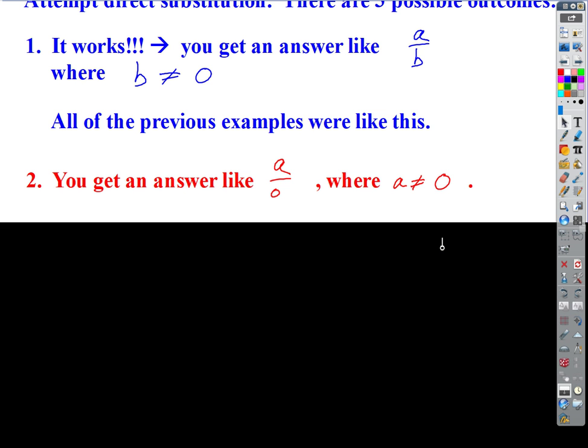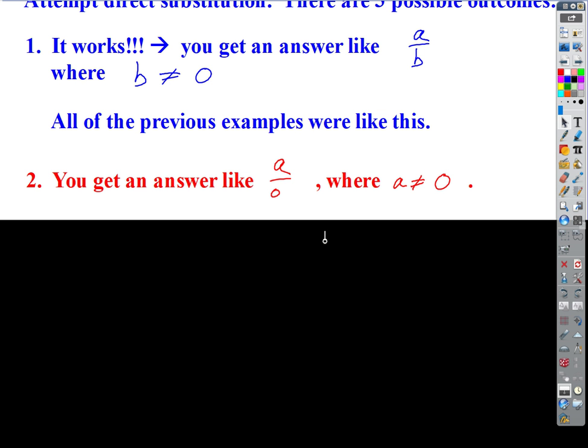You could get a result like a divided by 0 where a is not equal to 0. So some kind of number divided by 0. That's a problem. If you get a number divided by 0, that's always going to mean that you get some kind of asymptotic behavior.